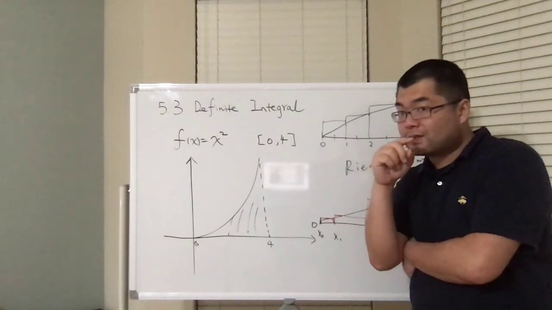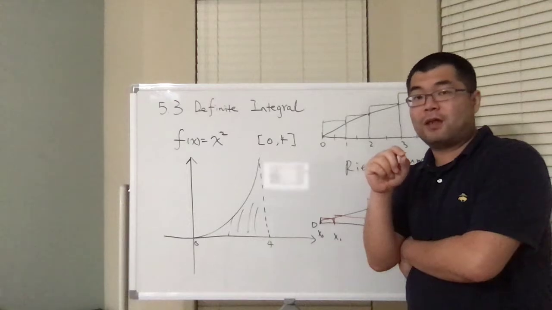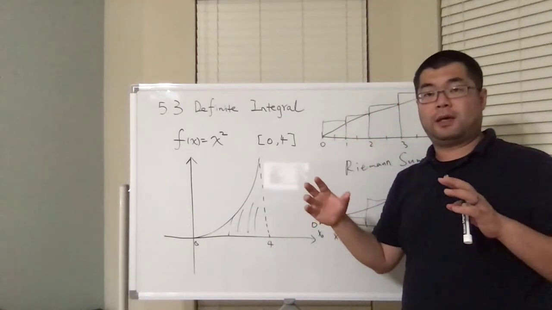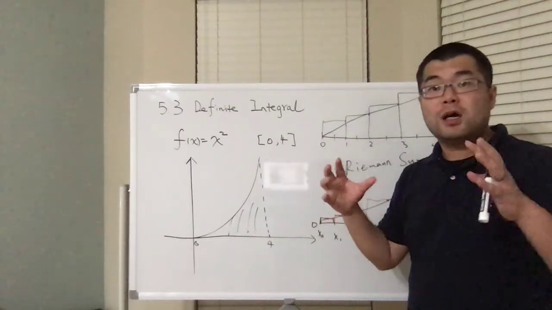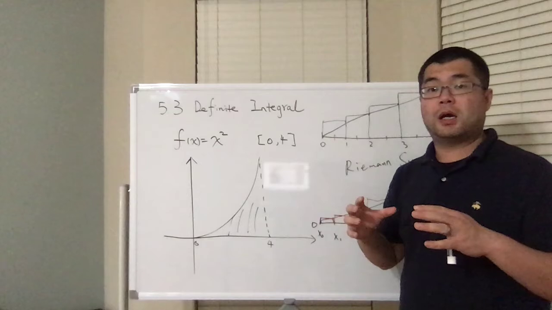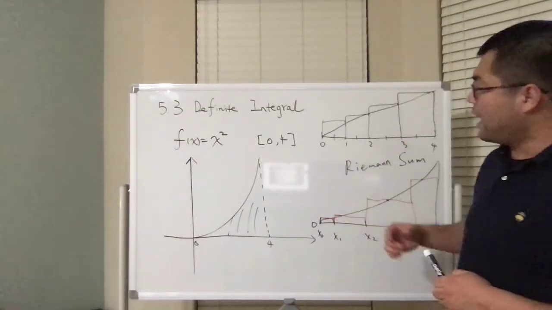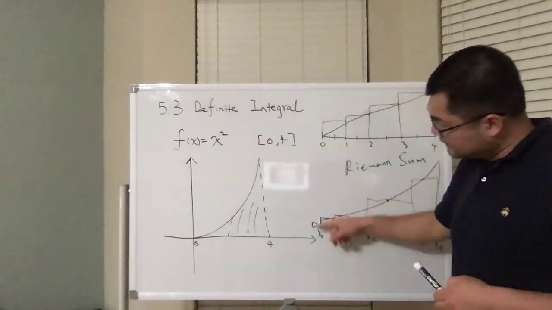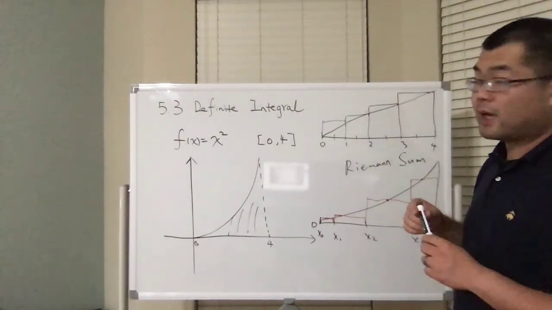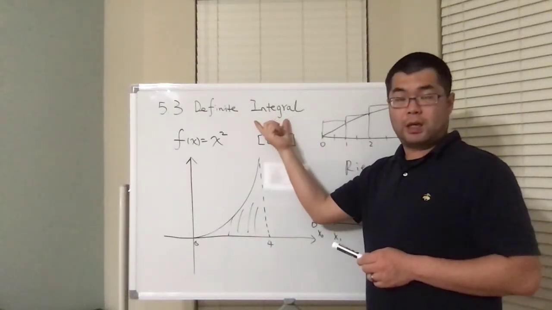and if you take the partition number and take a limit, in other words, let the limit as n goes to infinity, if the sum of the area exists, then that area we can denote in an integral way.